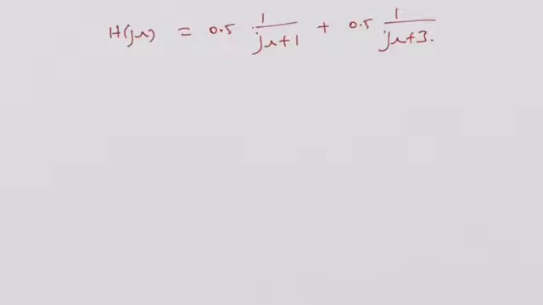This format makes it easier to write h(t), because h(t) is given by the inverse Fourier transform of H(jω), isn't it?